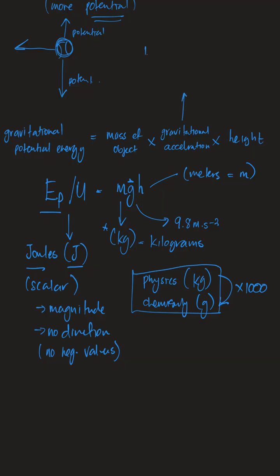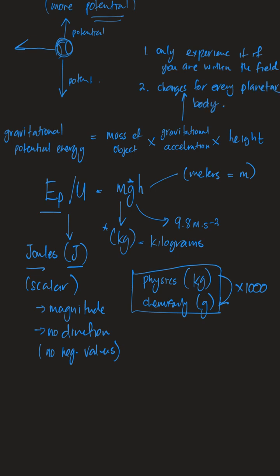Another thing you also need to understand about this gravitational acceleration is, the first thing is you can only experience it if you are within the field. And the second thing is it changes for every planetary body.